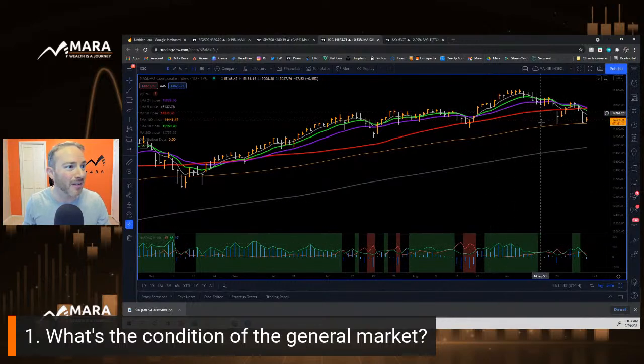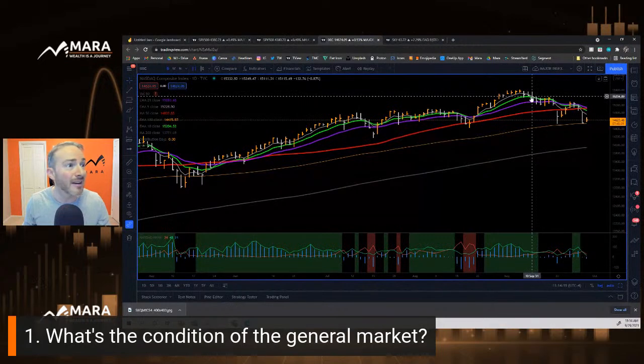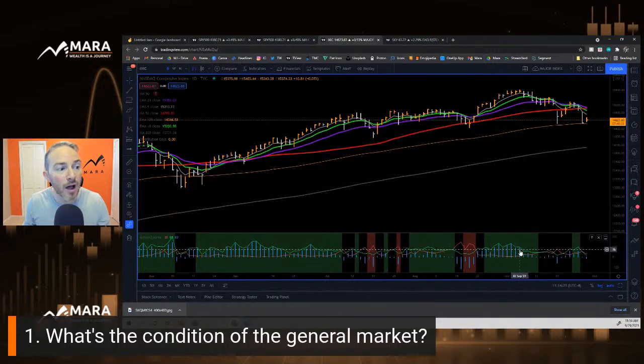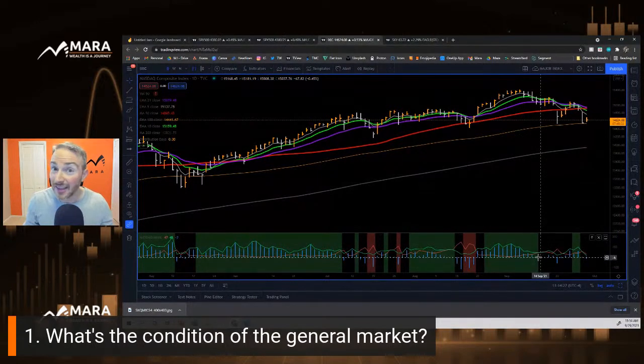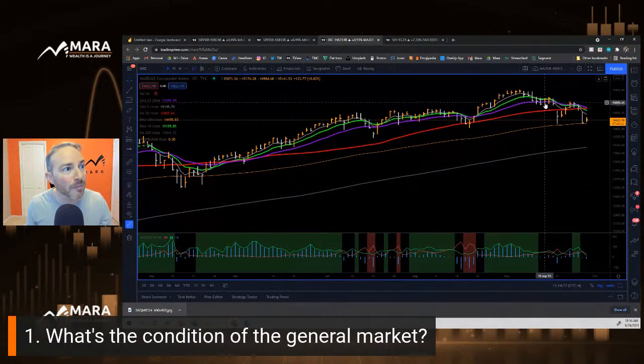So when you start to see action like this, where the index is at new highs, and all of a sudden the number of stocks making new highs dries up dramatically, that's a sign that there's something wrong. Something doesn't quite smell right. So that's one of the first things on my radar that like, okay, we're probably going to pull back or experience some sideways action.